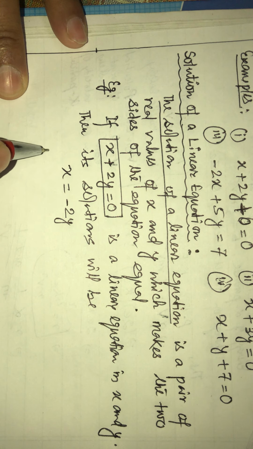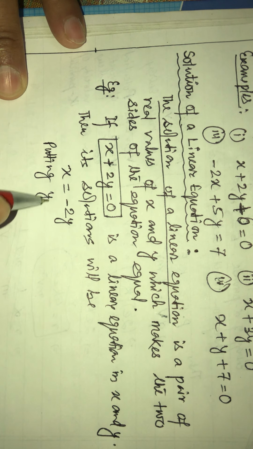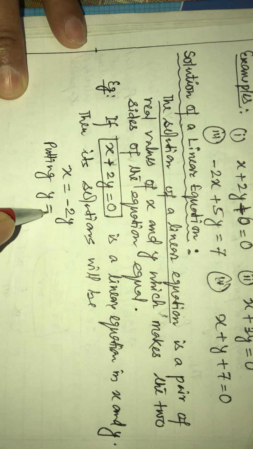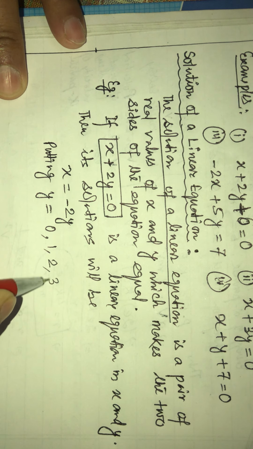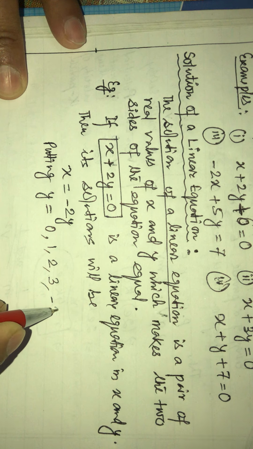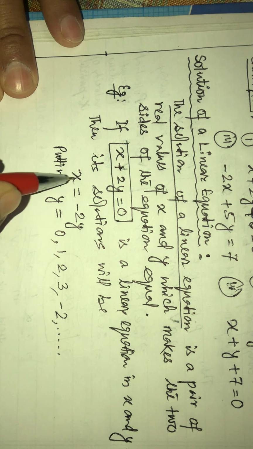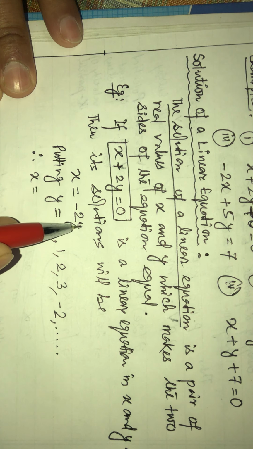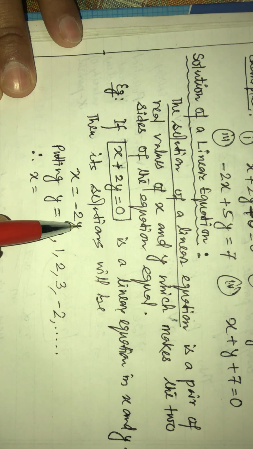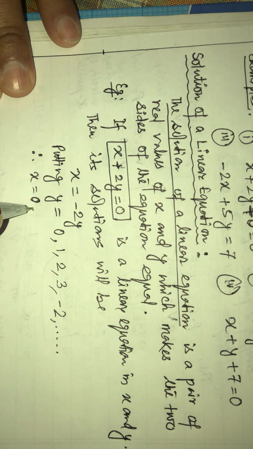Putting in y, I can give any value. I can give 0, 1, 2, 3, minus 2, anything. So many values we can keep here. When y is 0, 2 into 0 will be 0.